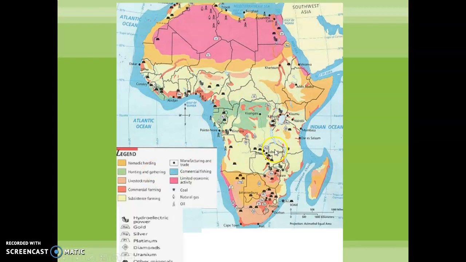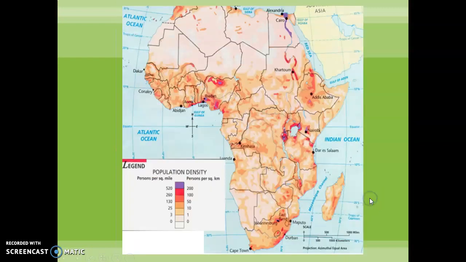This is the steppe region that has subsistence farming, which is this orange. The light yellow, that's subsistence where it's steppe. And so this is steppe, and this is savanna. Okay? Alrighty.